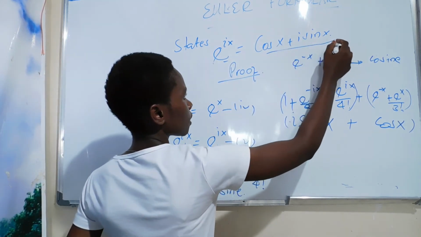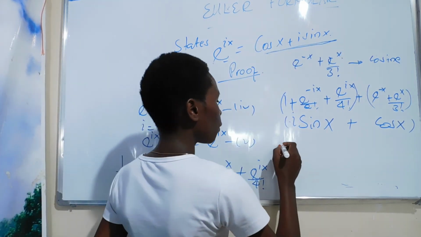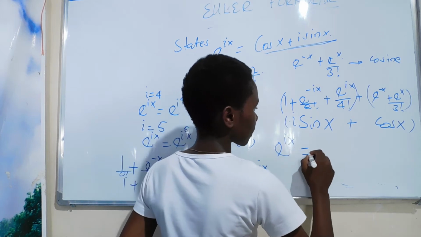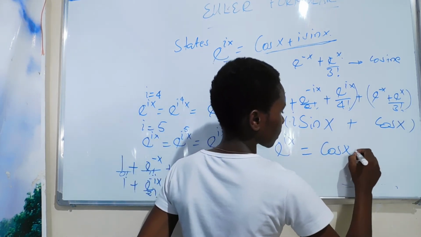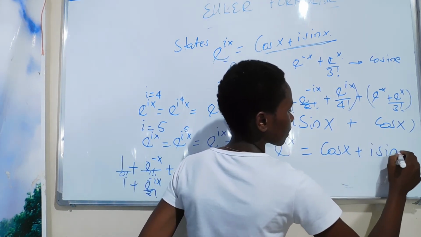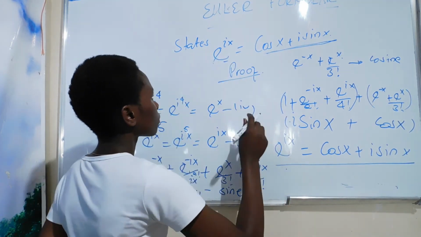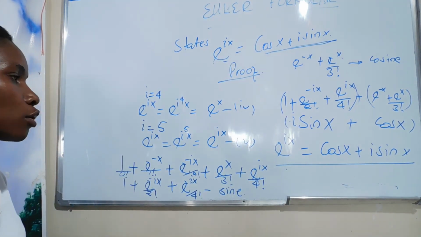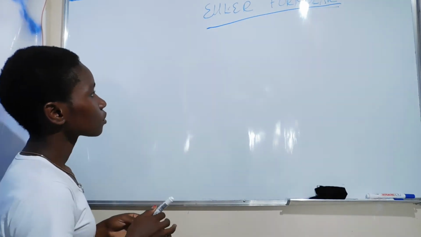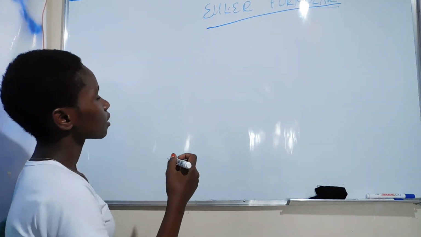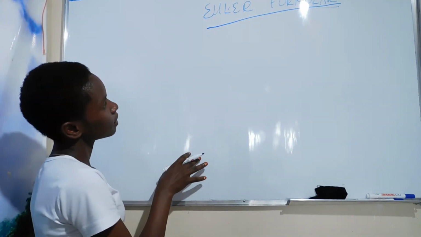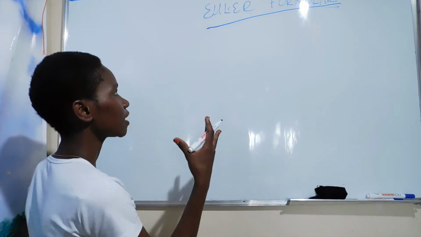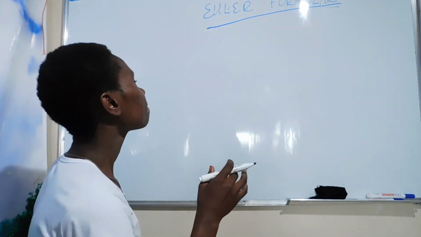What I was proving is this: e^{ix} is equal to cos x plus i sin x, which is from the definition or from the steps. So what next is to see some identities, the expansion of identities using the Euler formula.